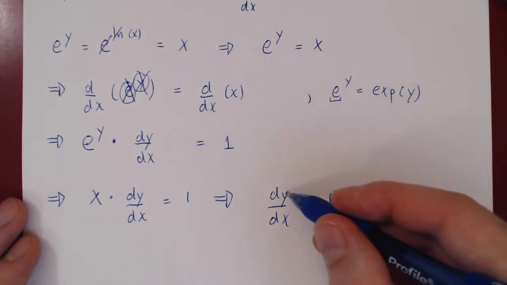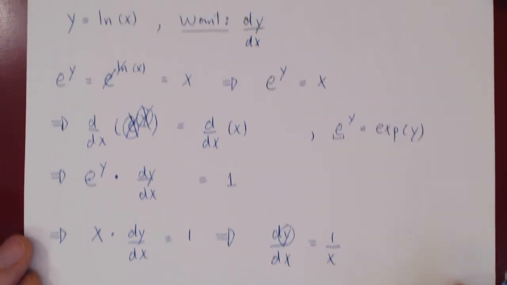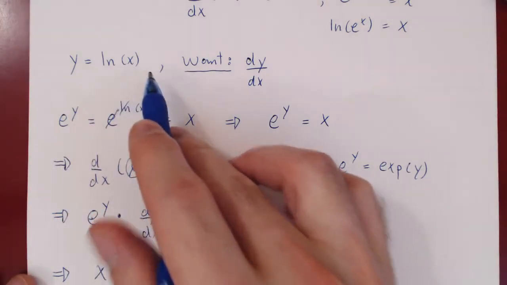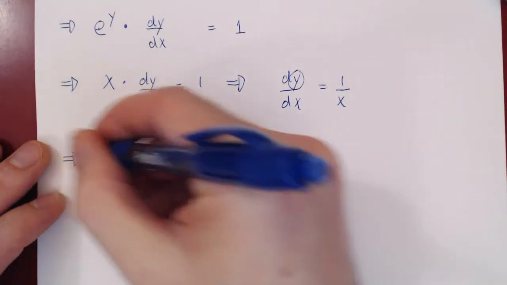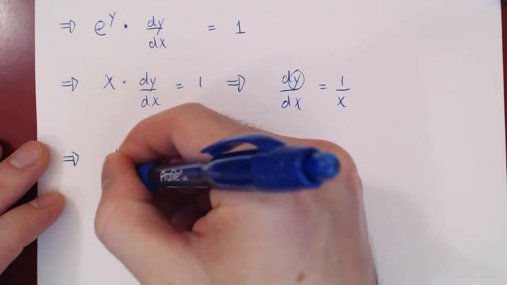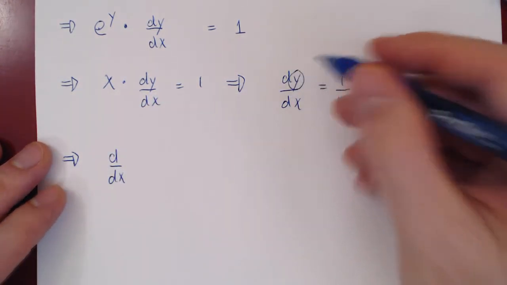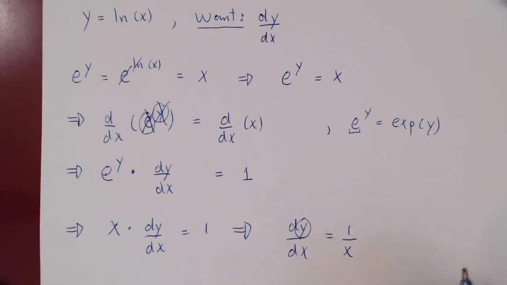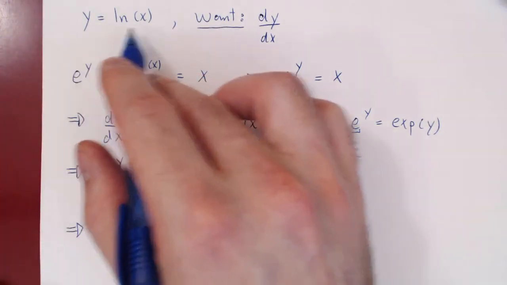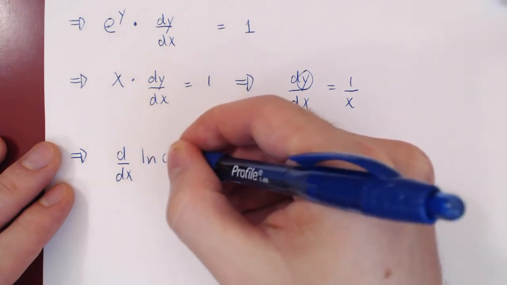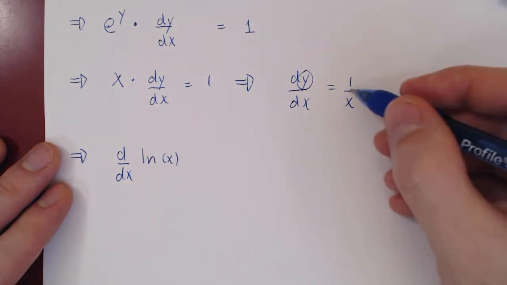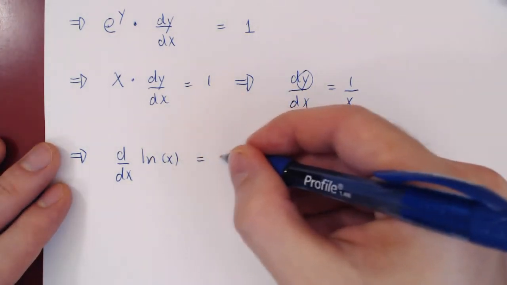But if you remember y, that was just ln of x. And so we have it. The derivative with respect to x of the function y, which we called ln of x, so the derivative of ln of x is remarkably simple. It's 1 over x.